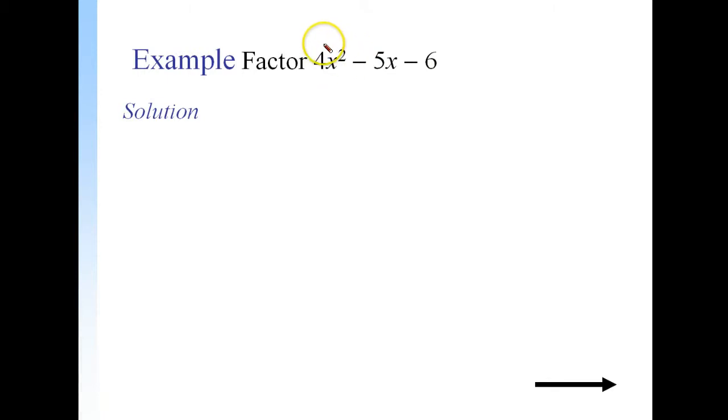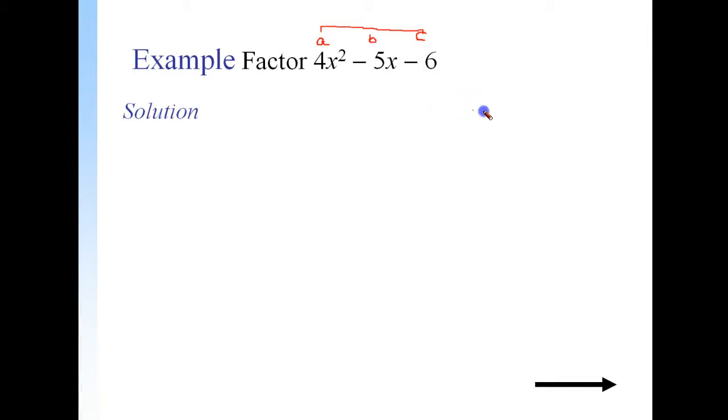We want to identify our A. Our A is 4. Our B is -5. And our C is -6. So the first thing we're going to do is multiply A times C. That would be 4 times -6.